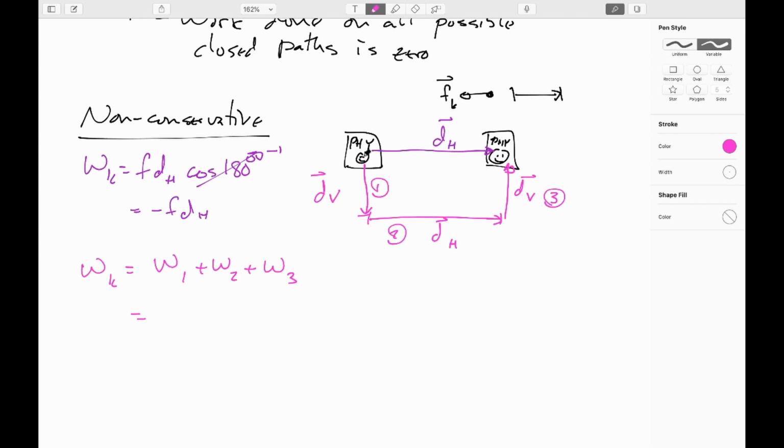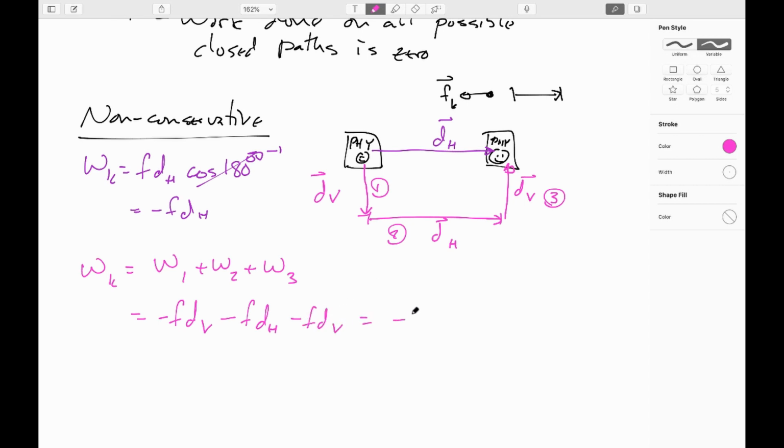For chunk 1 the displacement's down, the force is up, so the angle between them is 180. This is minus f d vertical. Chunk 2 is exactly the same as the purple path, so it's minus f d horizontal. Chunk 3 is sliding up, but friction is pointing down, again a 180 degree angle, so minus f d vertical.